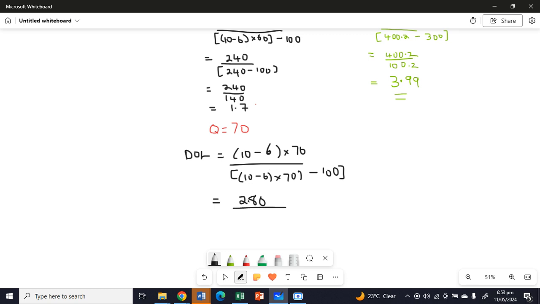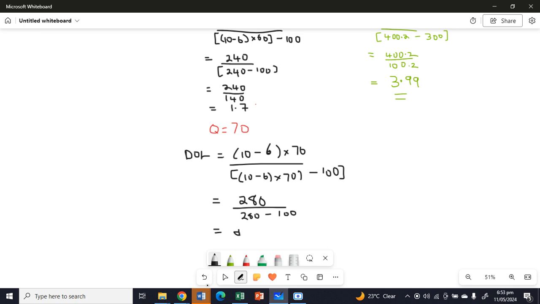Divided by 280 minus 100, so we're going to get 180.